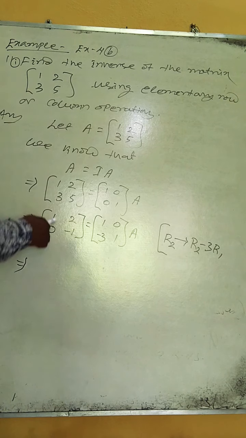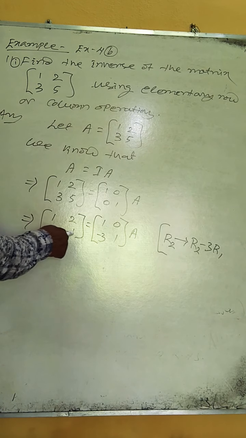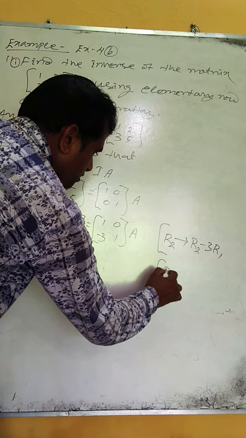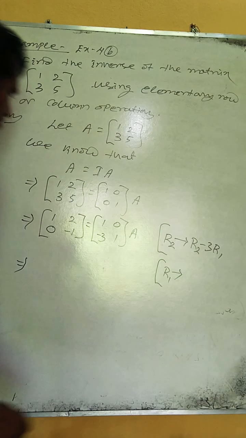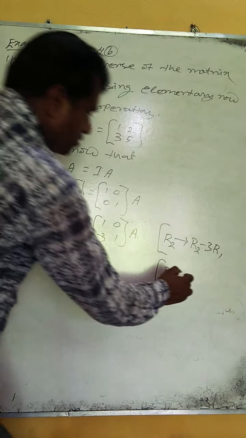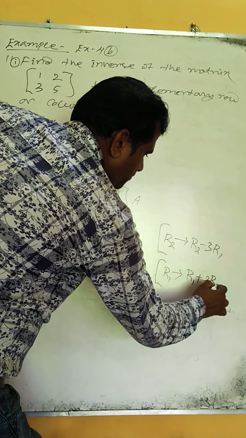Now 1 0 remains. Next, R1 becomes R1 plus 2R2.